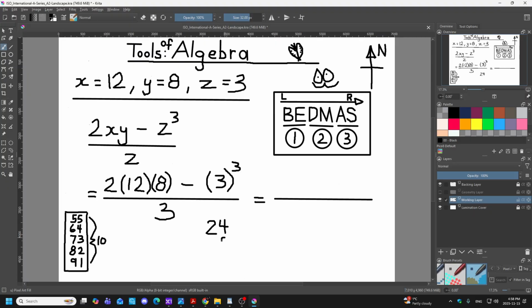Now multiply that by 8. Eight times 4, 32. Carry the 3. 2 times 8, 16. 17, 18, 19. 192.